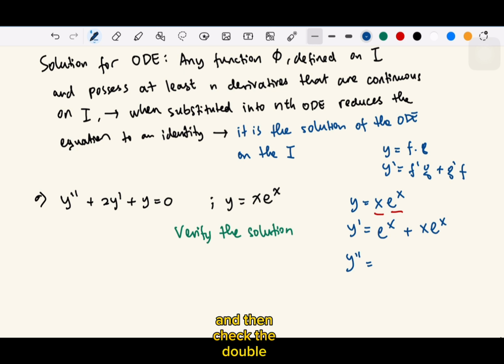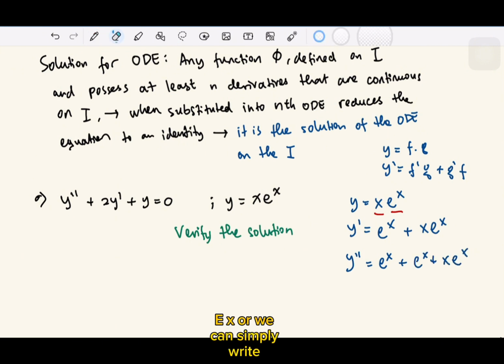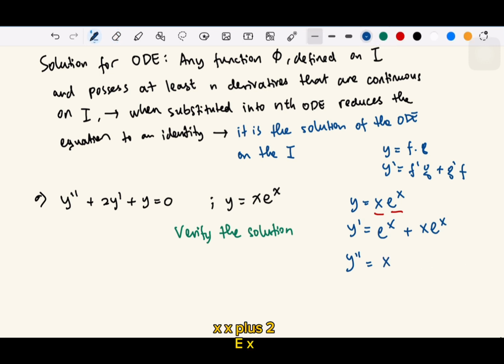Then for the double prime here, this will be e to the x, and this is again the same thing, so e to the x plus x e to the x. Or we can simply write x e to the x plus 2 e to the x.